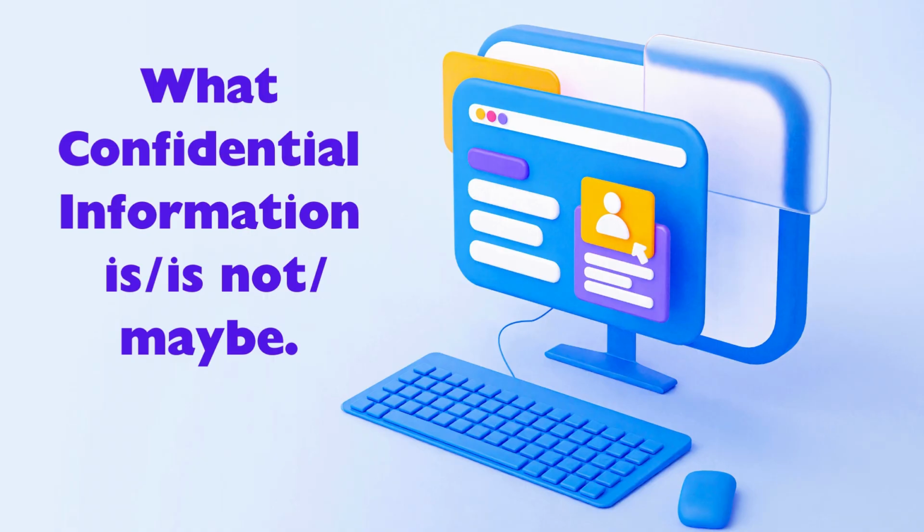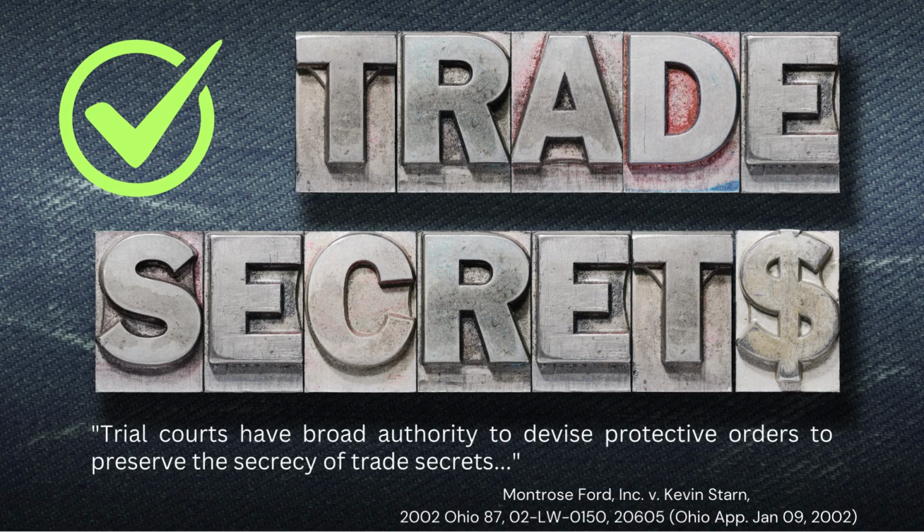So let's look at what confidential information is not, or may be. Trade secrets. Yes, they are considered confidential information. Trade secrets examples would be methods, processes, business and financial information, computer programs, unpublished patents, and things like that.